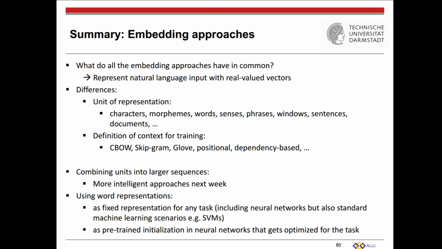And how do we use them? We can use them as fixed representation for any task. So these are like a feature representation for any task. Each word has a vector. That's the feature. We can feed it into a network. Or we can optimize on the task. So we can not fix them, but we can update them.